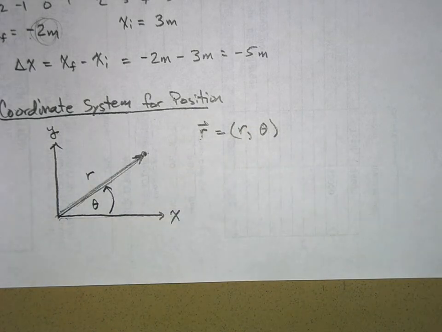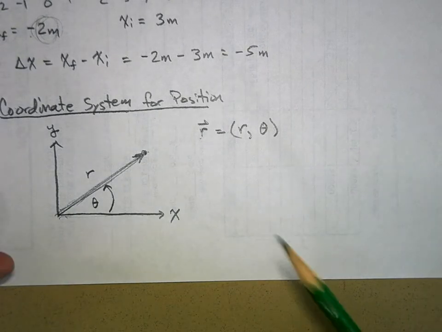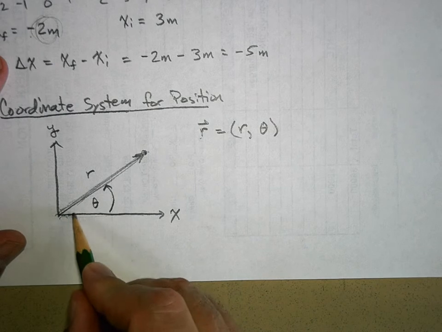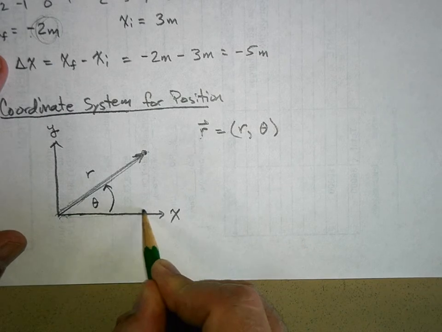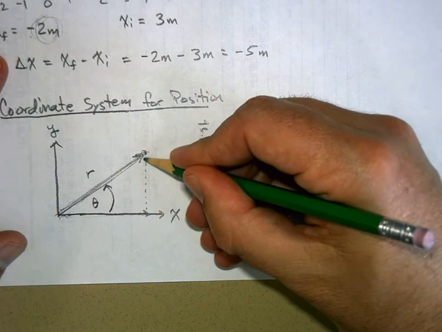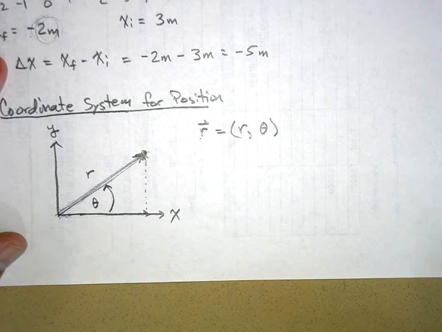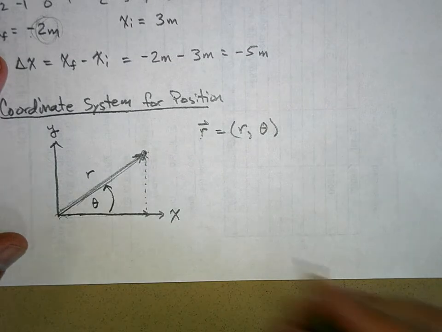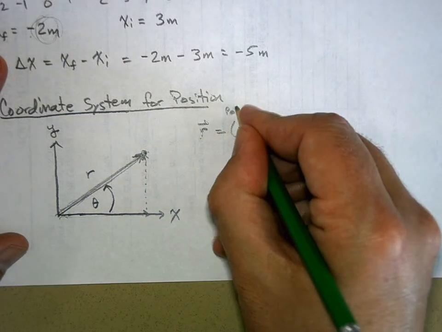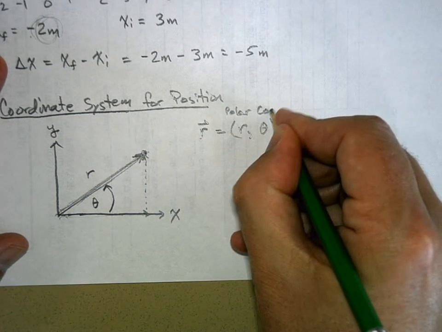But there's another way to specify r. We can specify it by saying, okay, how far do I go in the x, and then how far up do I go in the y? And that'll work just as well. So let's go ahead and label it. This is a polar coordinate.